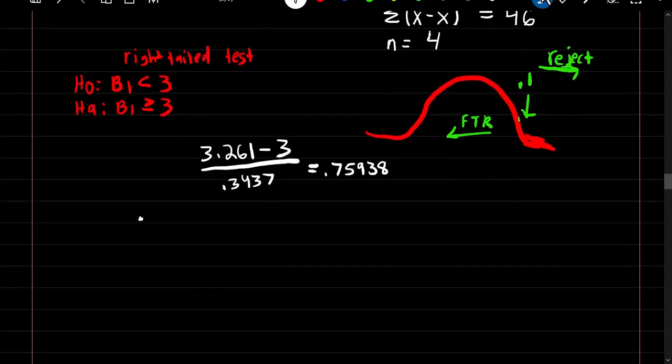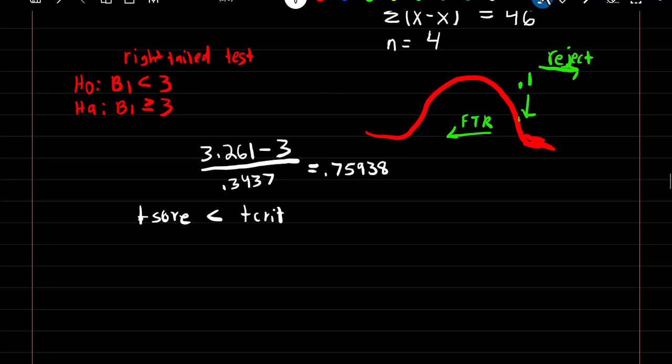So if our t-score is less than our critical value, then we fail to reject. So we need our t-score to be greater than our critical value to reject.